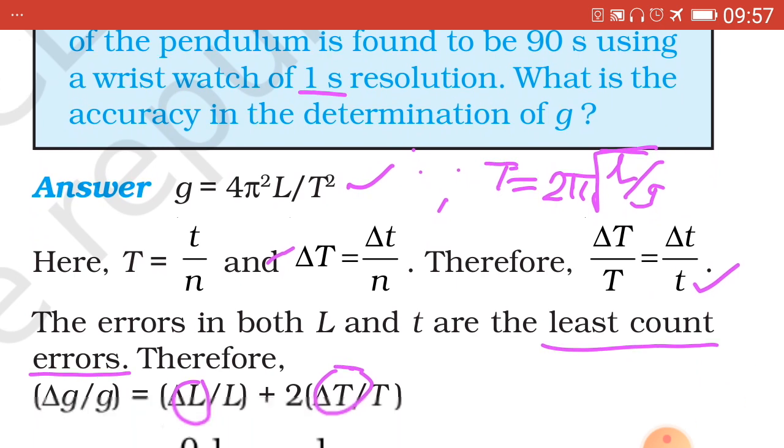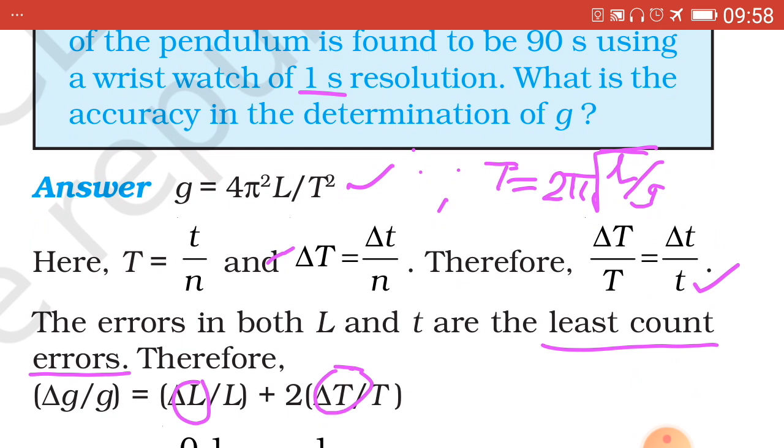Now for capital T we have to substitute the formula as small t upon n. Small t is the time of oscillations and small n is the total number of oscillations.